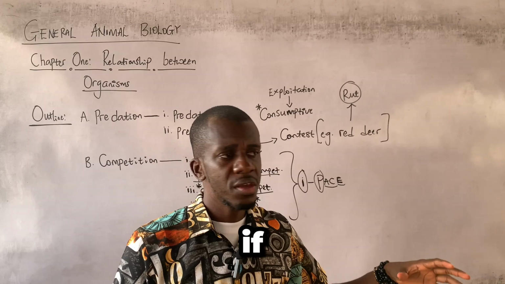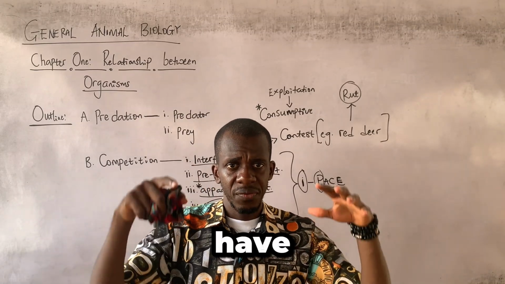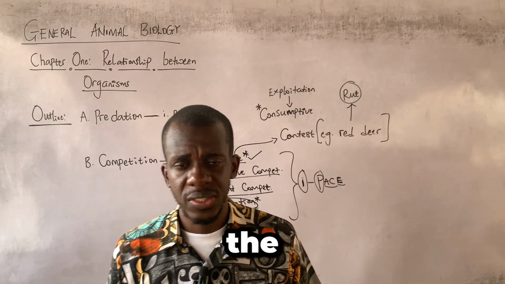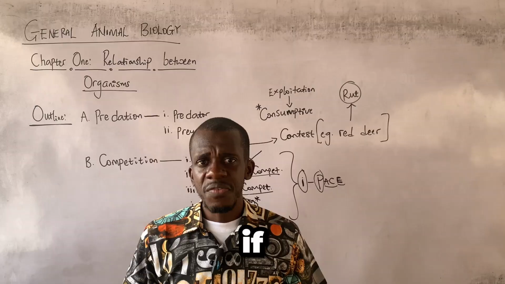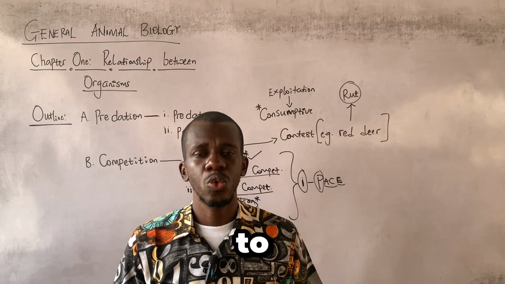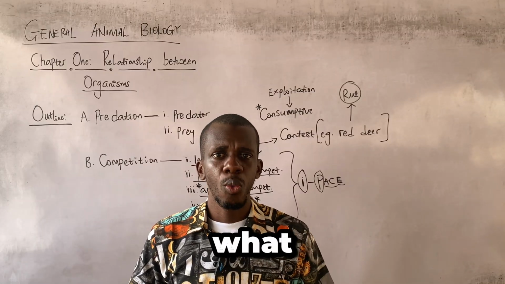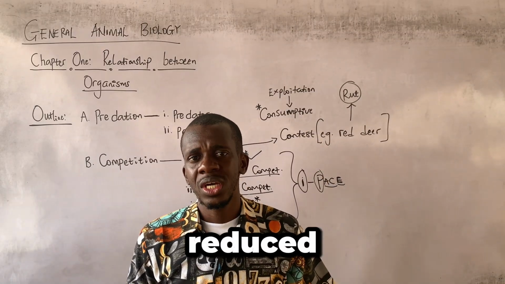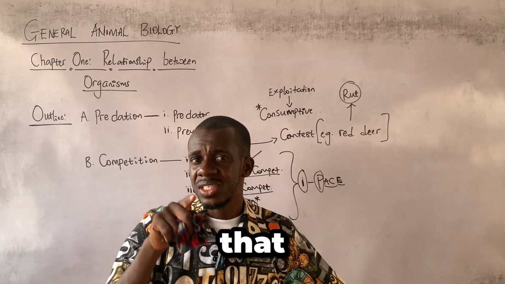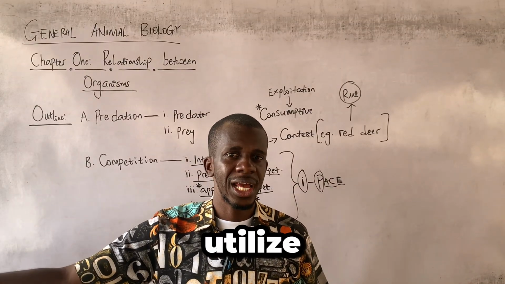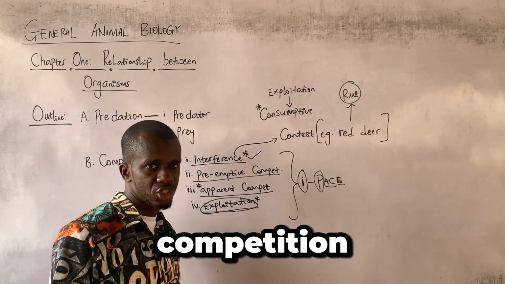If we have, for example, in this particular environment, three plants, probably of dissimilar species, and they need water. Now, if one gets to the water because of its root system before the others, it has reduced the total amount of that resource, which is water, that the other plants can utilize. That's what we call exploitative or consumptive competition.